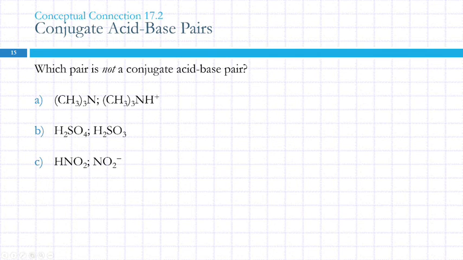So this is not a conjugate acid-base pair. How about this last one? The first one has a hydrogen, the second one does not. This is a 0 charge, and this is a -1. Because when you take the H plus off of this, then the charge of what's left changes to -1. Any questions?